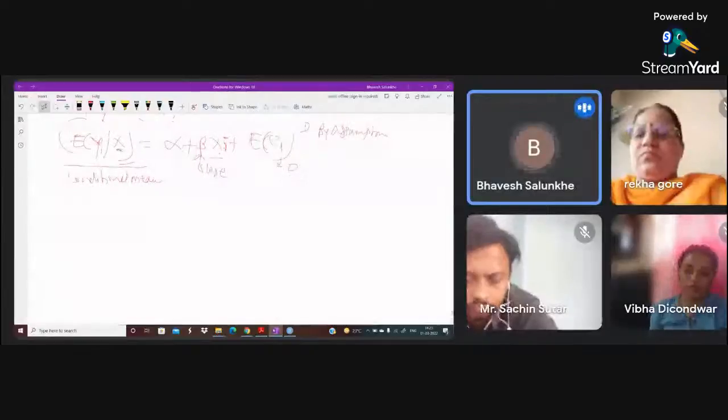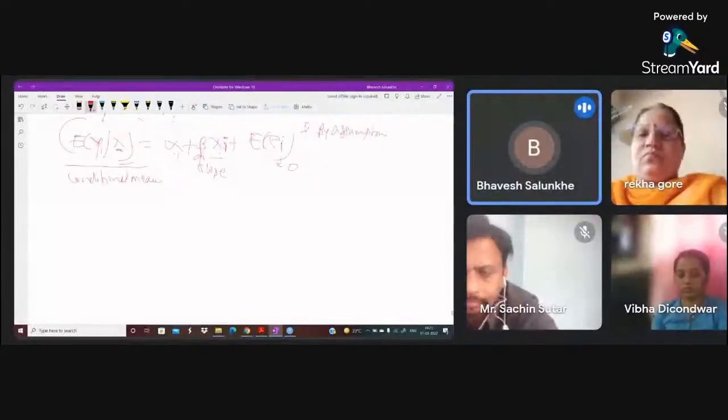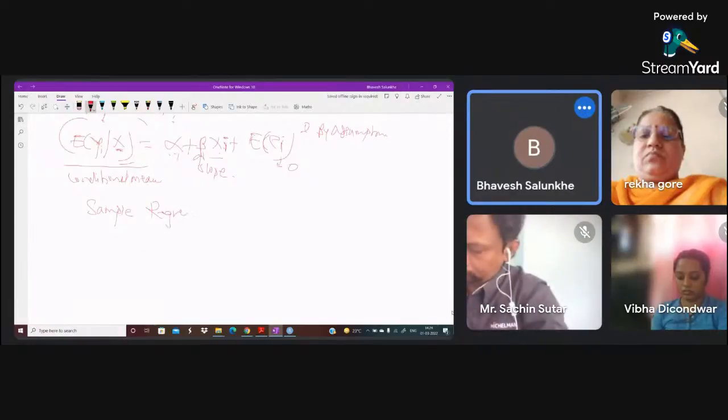Okay. So the moment we estimate this model, we don't have actual values for the parameters alpha and beta, but we have their estimates. So how do I rewrite this model? I rewrite this model, which is based on the sample. So it is the sample regression function that I am going to talk about.